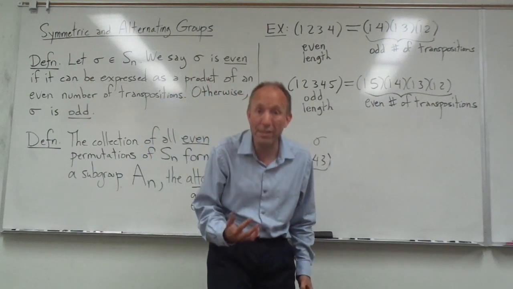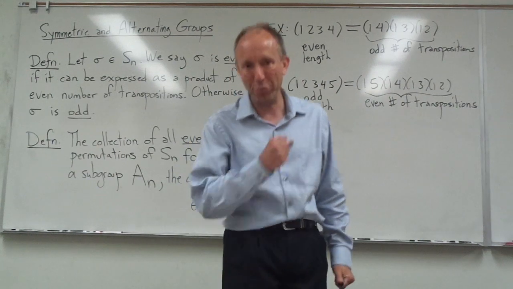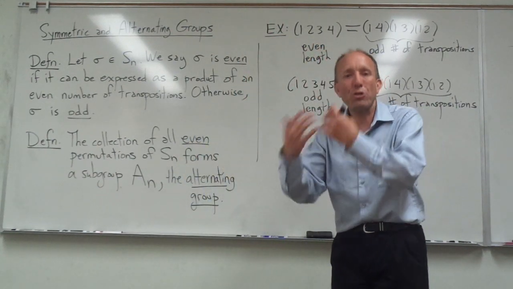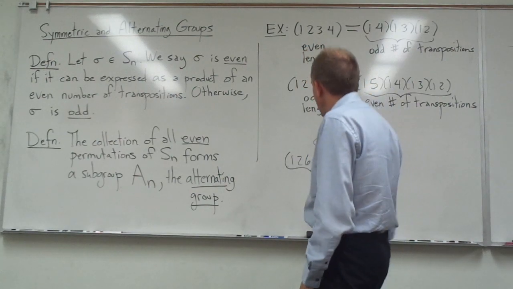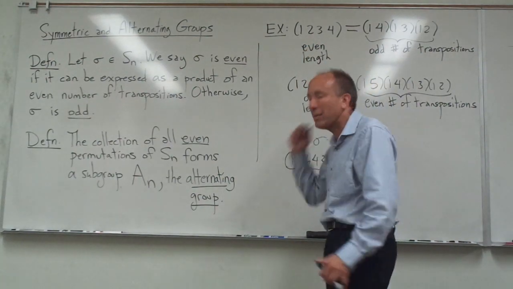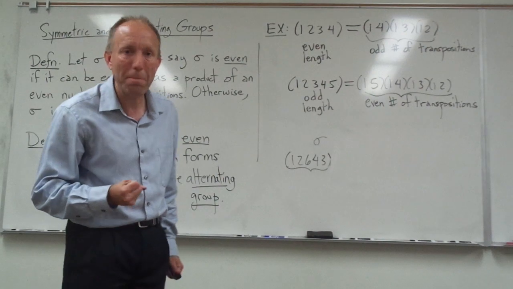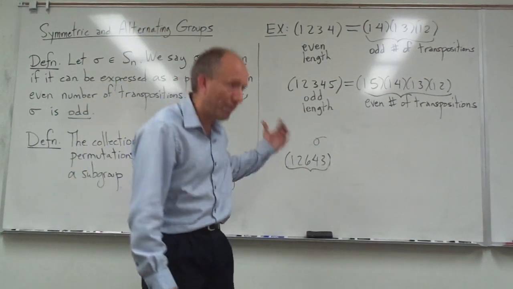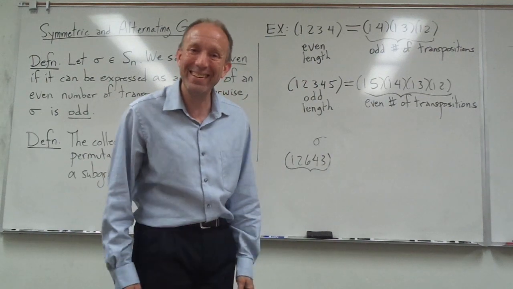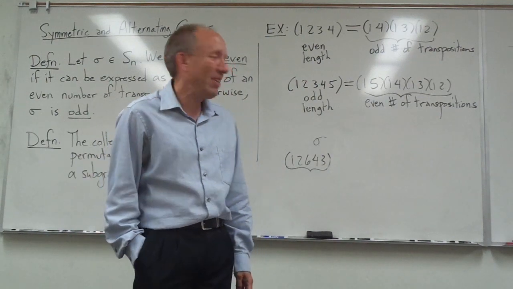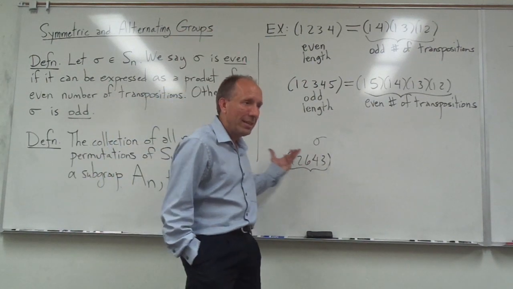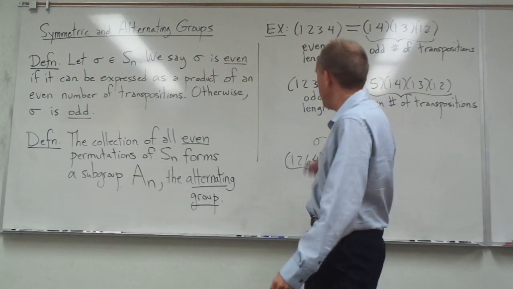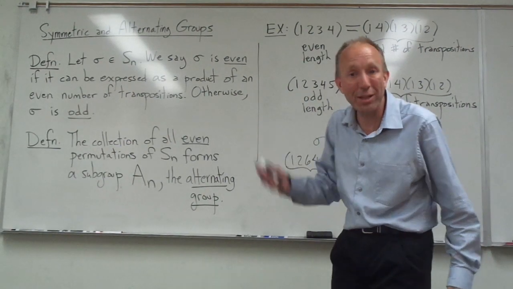Another great reason to want to use cycle notation. The inverses have the same cycle structure. And so if the inverse of sigma is also a 5-cycle, then the inverse of sigma is also even. If all we're doing is counting the lengths of the cycles and turning them into transpositions, it's going to be the same whether I use sigma or sigma inverse.